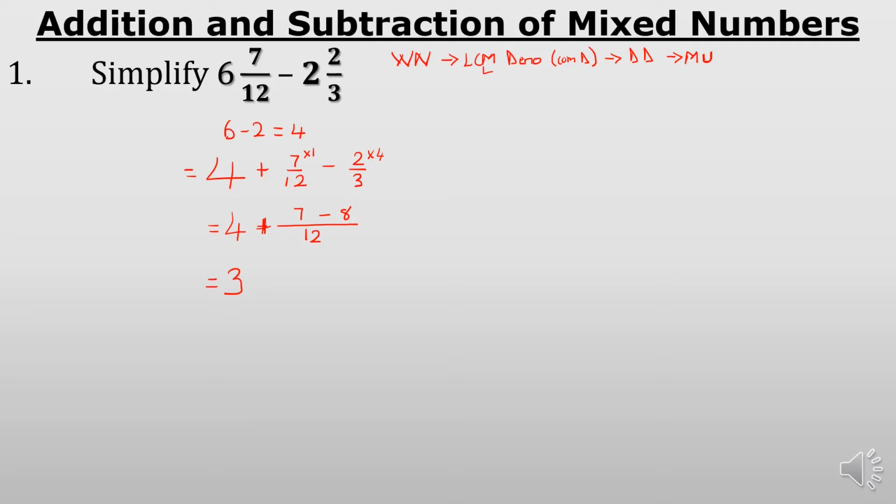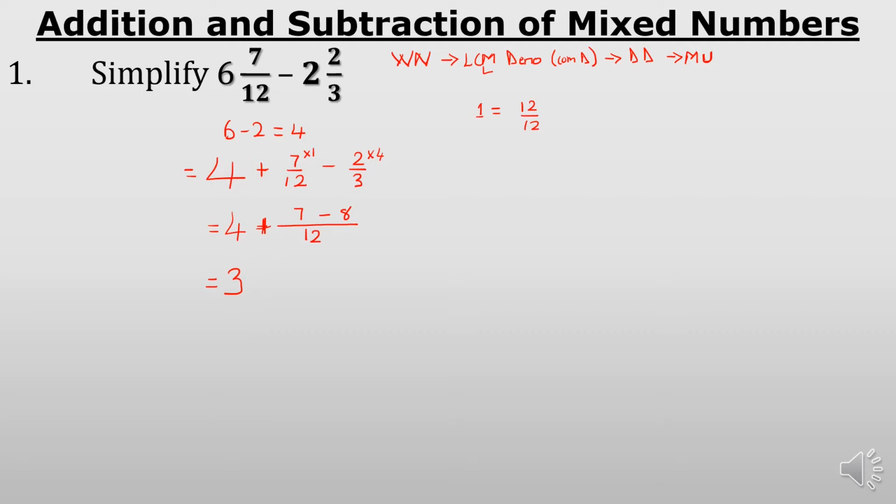Now that one I borrowed, because I borrowed one whole number, will change. It's as if my 1 whole number is changing to 12 over 12. Why is it 12? Because 12 is my denominator. So that one I borrowed will always change to the denominator.